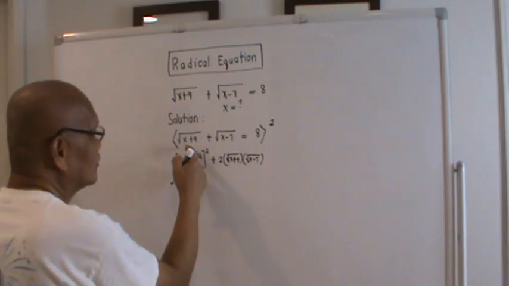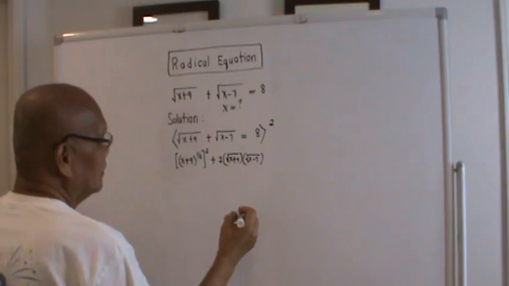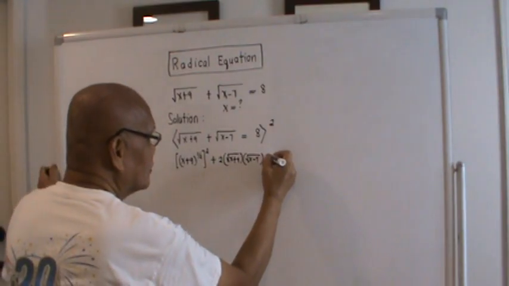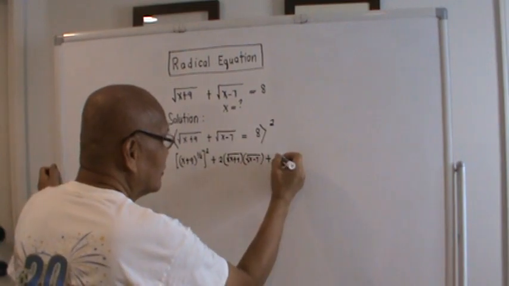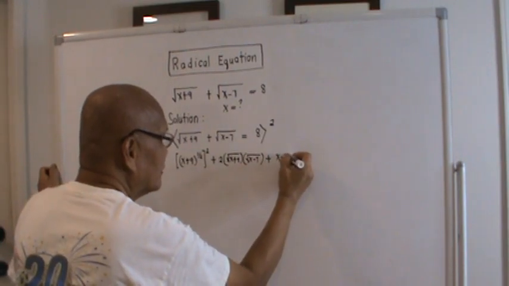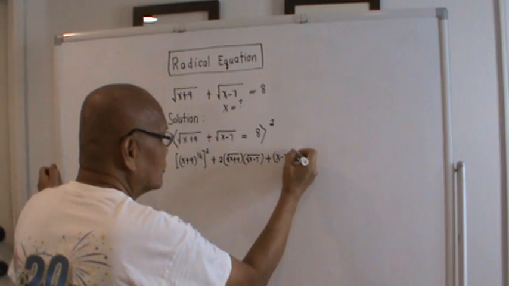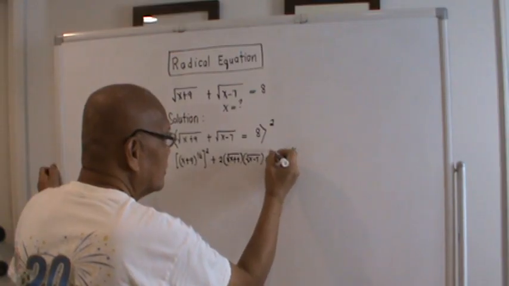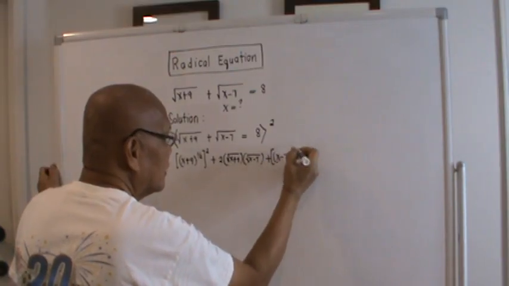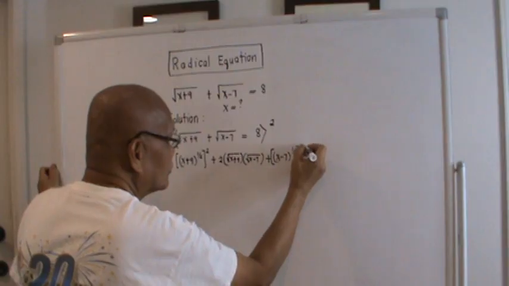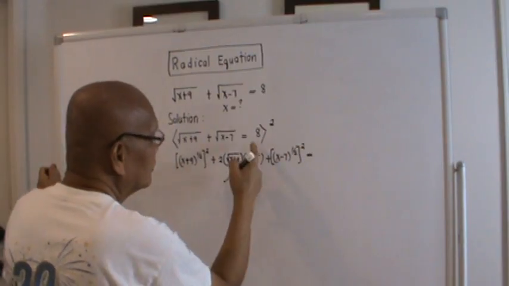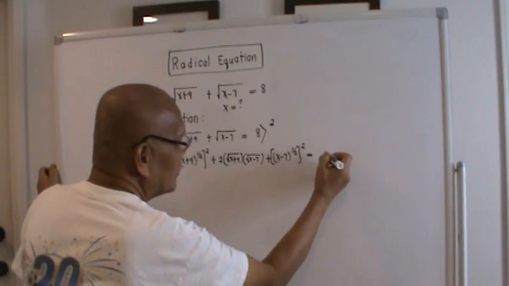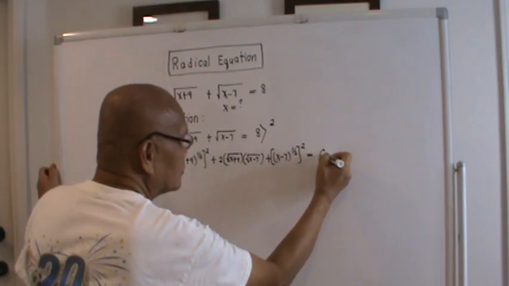That will be the middle term for the left hand side. And the third part is actually the square of this, x minus 7 to the 1/2, and again, we raise that to the second power. And this should be equal to 8 squared, that will be 64.